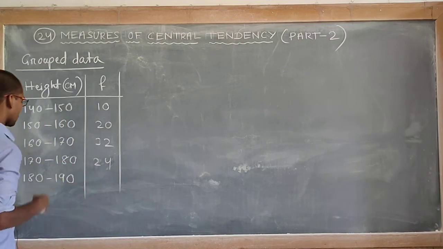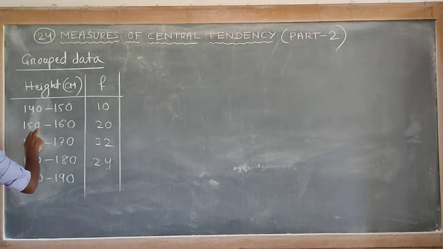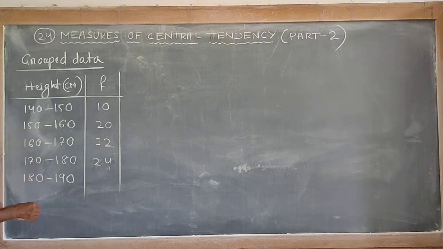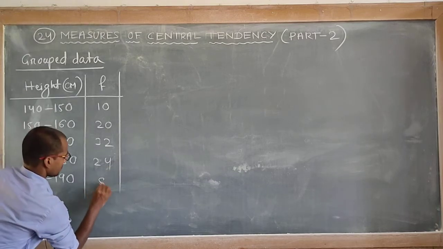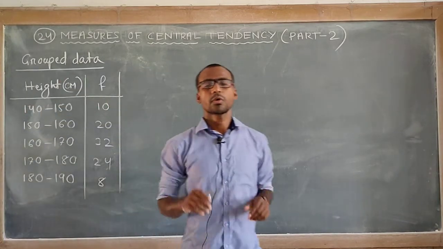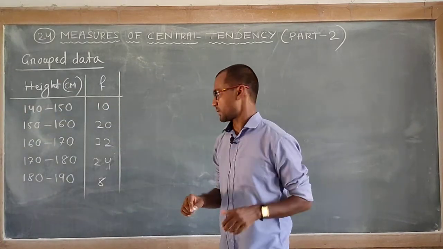Mainly boys will be there in between 170 and 180. Here mainly girls will be there from 150 to 160. Suppose 180 to 190, let us take 8 children.